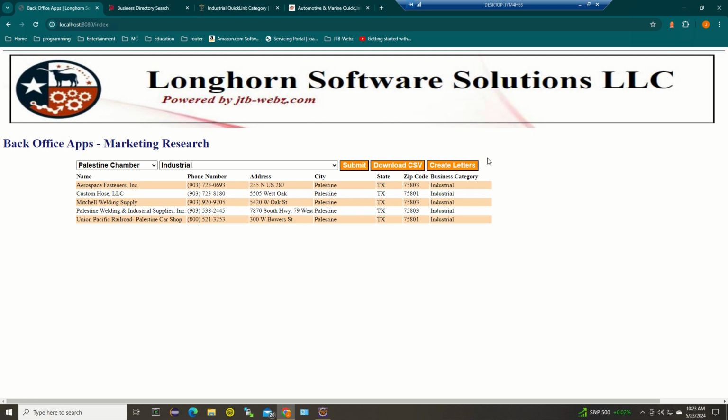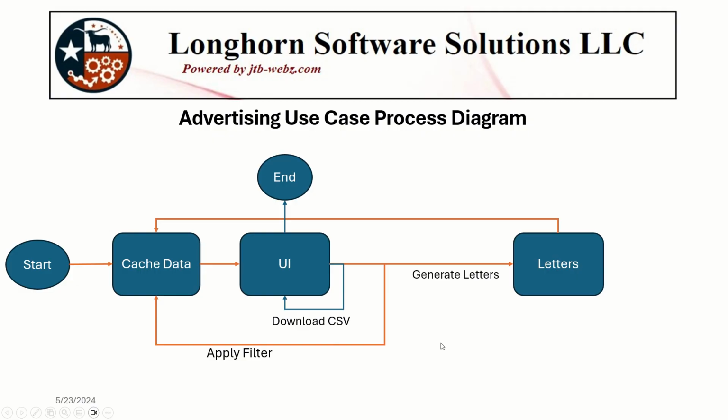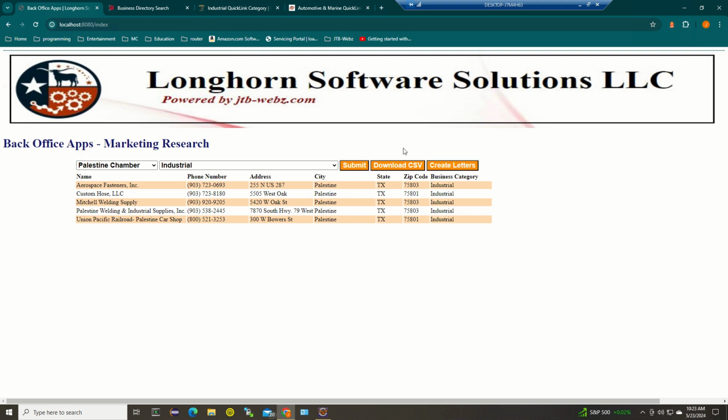So if I want to download the CSV, that was the other part of the use case. We want to be able to output the data queried and filtered to a CSV file. So let's go back, and here we're going to download the CSV.